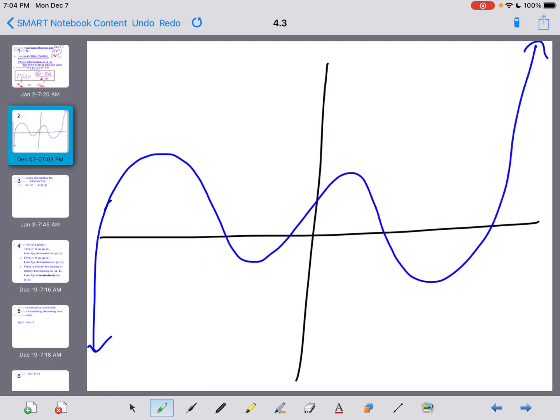I'm going to go ahead and say that my A value is going to be located right here, and that my B value, a little bit further down, is going to be located right here. Now, what's going on?